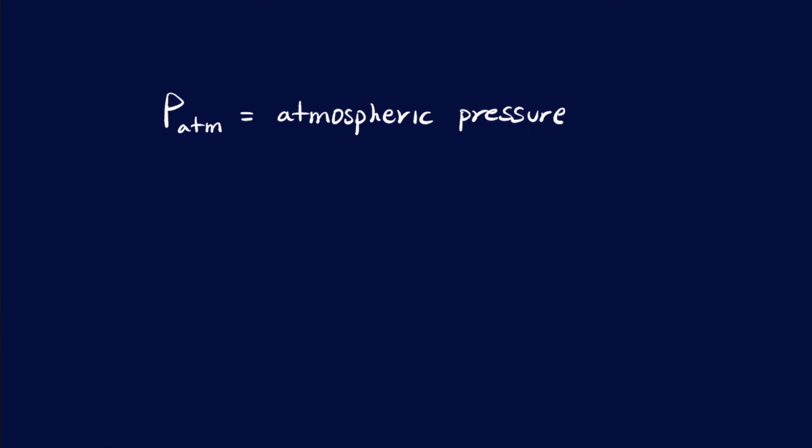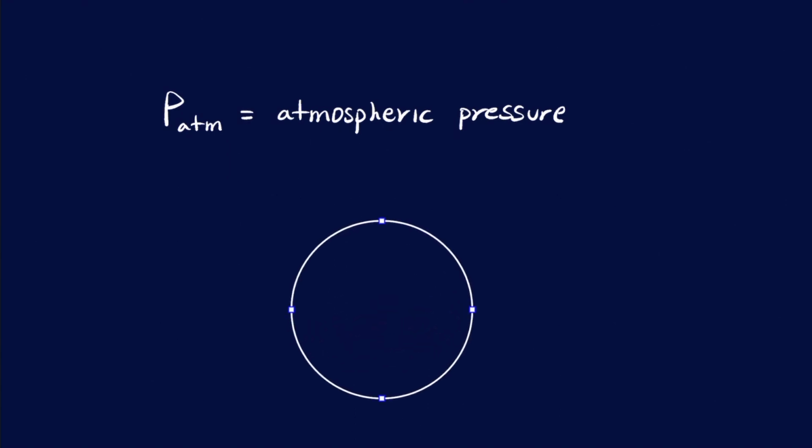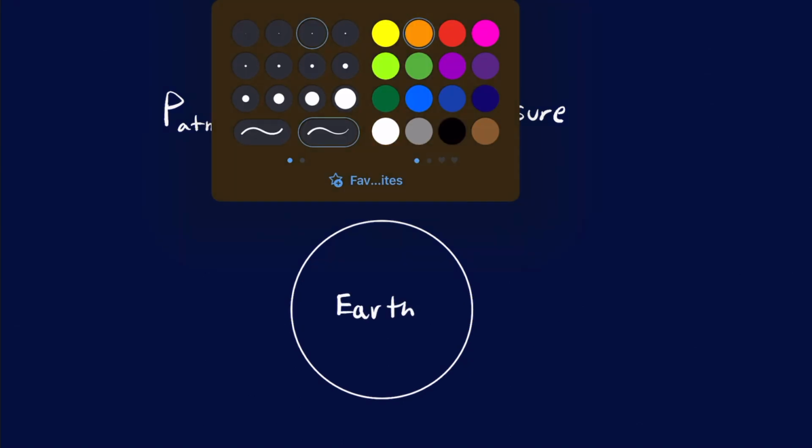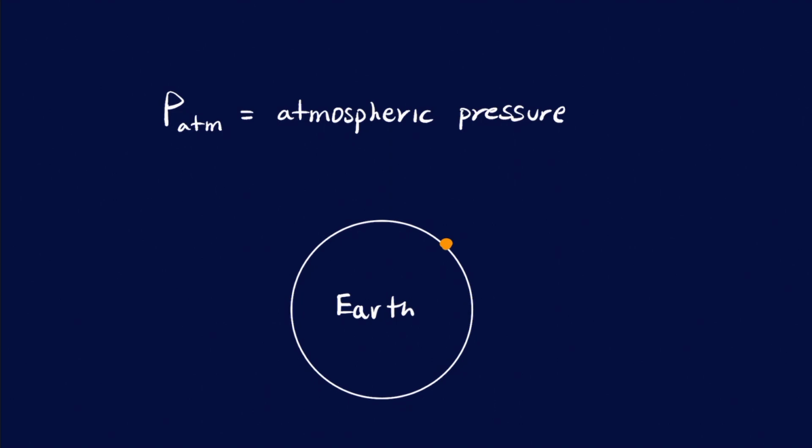So there are a few different kinds of pressure, and on Earth, there's this thing called atmospheric pressure. Atmospheric pressure is the pressure on the Earth's surface, and the pressure is a result of the air's weight above the surface of the Earth. So that means that on the Earth, let's say this is the Earth, the closer you are to the Earth's surface, the pressure will be greater because there's more air above you.